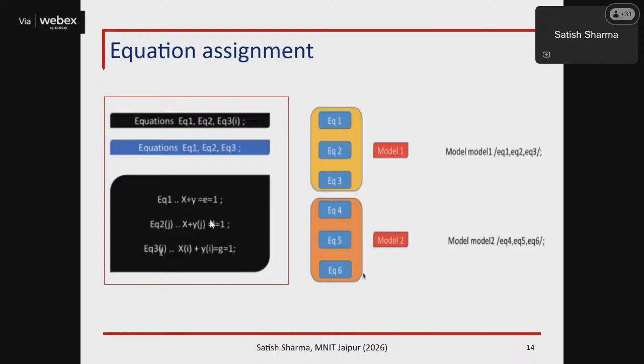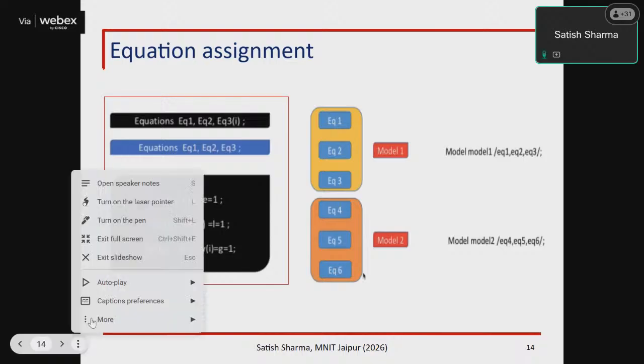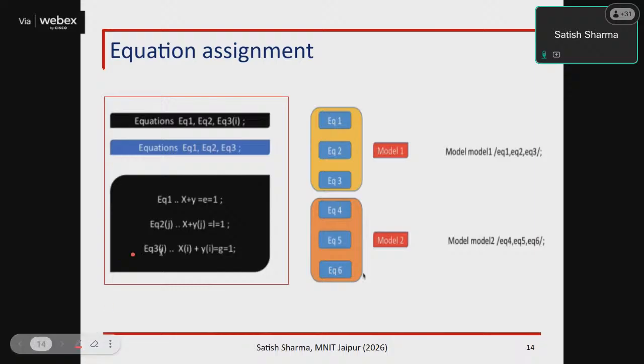You have to make sure of this syntax: E between two terms is equals to, L is less than or equal to, and G is greater than or equal to.